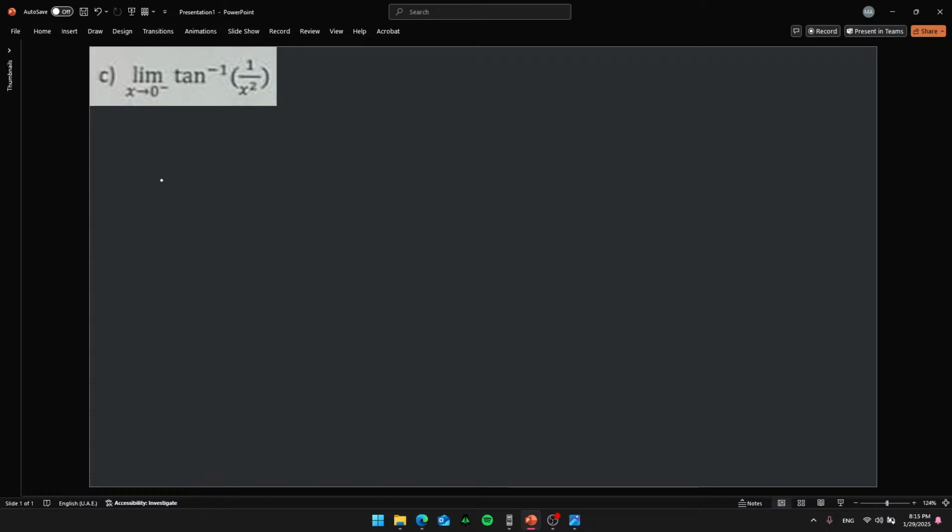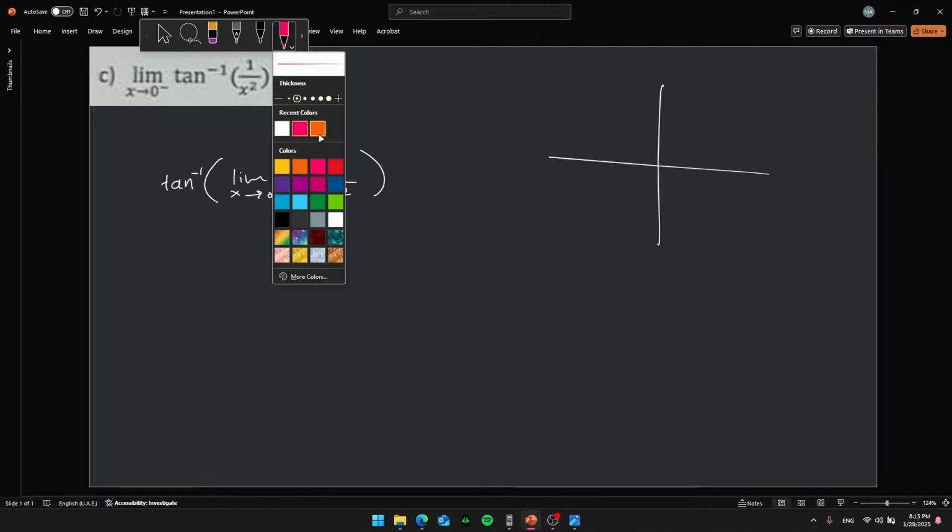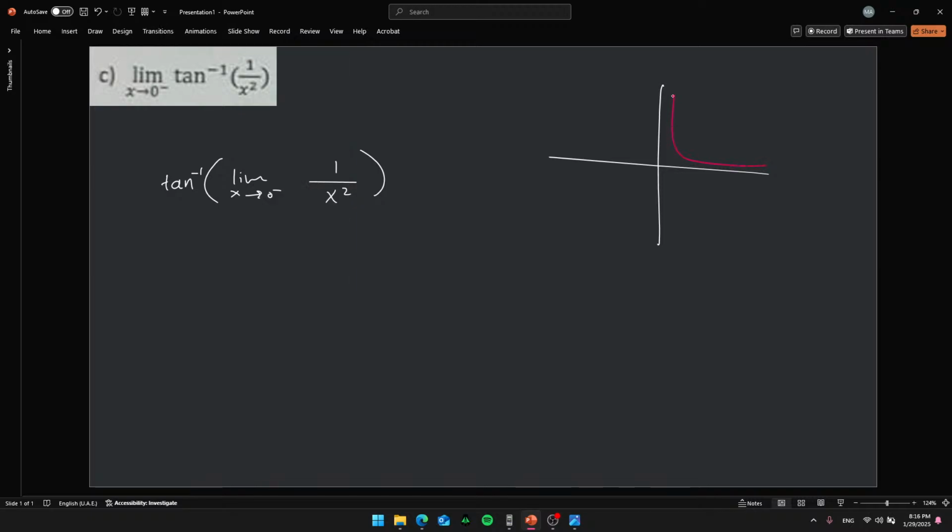This one is easy. You just have to plug in the limit into the angle of the tan, 0 from the left, of 1 over x squared. Now, 1 over x squared, you have to know the graph of it. It would look something like this.